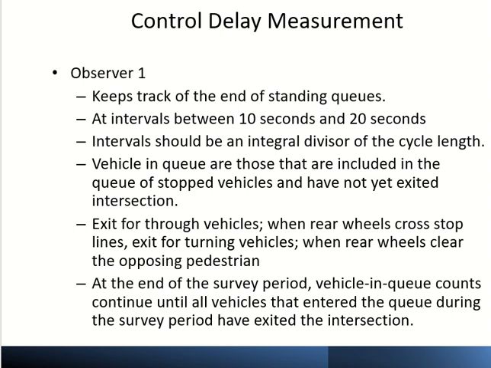I'm in the queue. Okay, when I clear the intersection, go to the other side, I'm out of the queue. So he will not count me. Okay, so he will count every vehicle which is going straight behind the stop line and every vehicle which is turning until it reaches the other side. Clear? Okay.